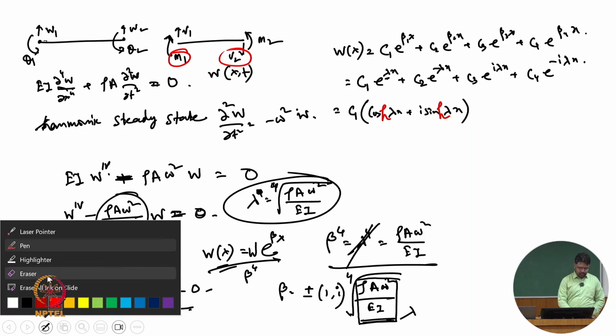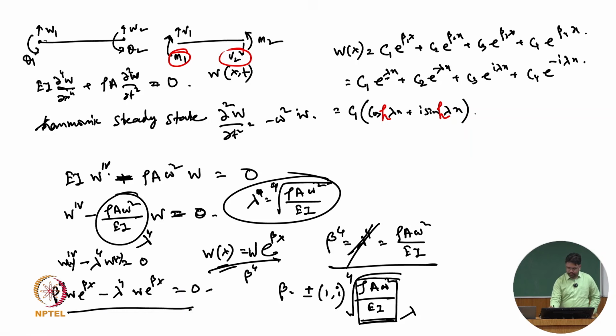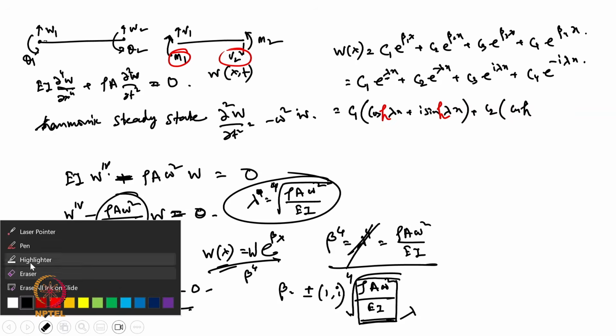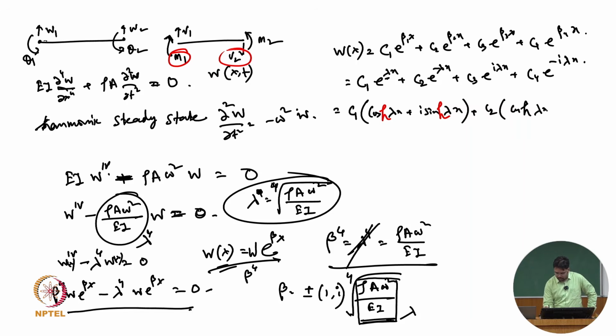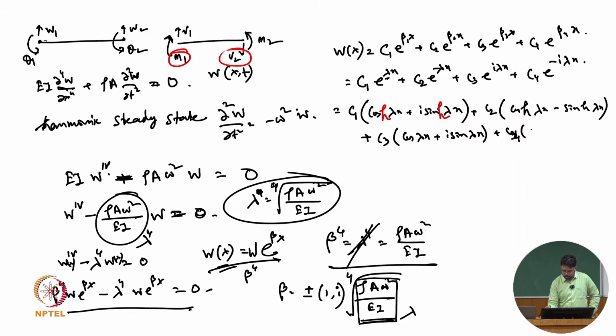In the next case it will be plus C2 cos hyperbolic, plus C3 cos lambda x plus I sin lambda x plus C4 cos lambda x minus I sin lambda x.